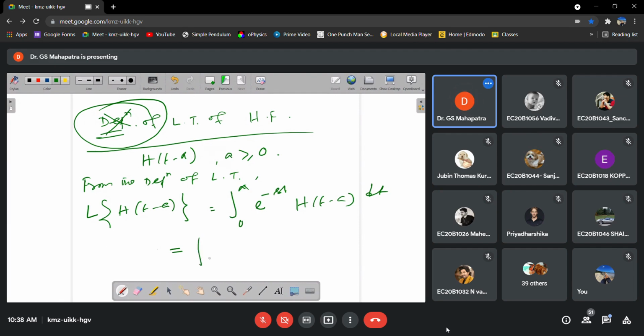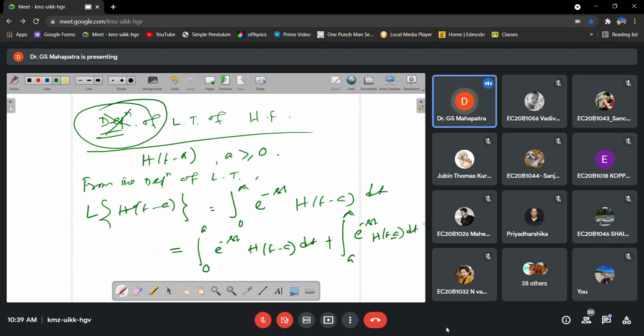0 to a e to the power minus st h of t minus a dt plus a to infinity e to the power minus st h of t minus a dt.